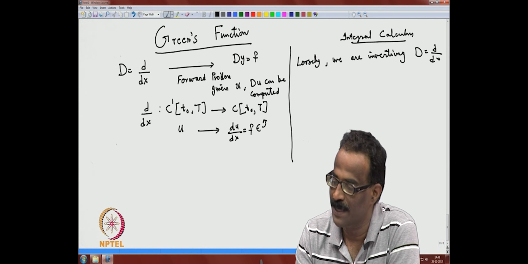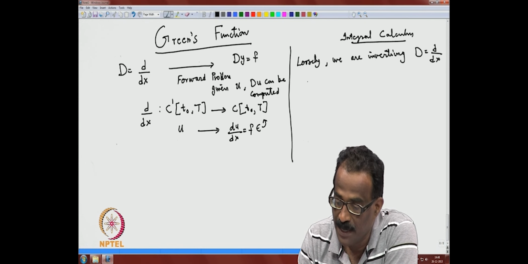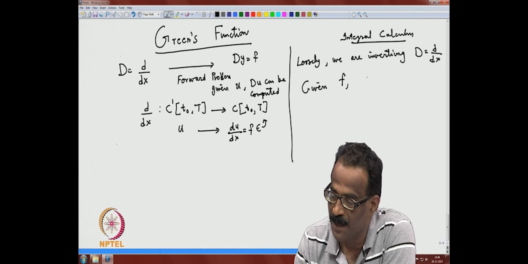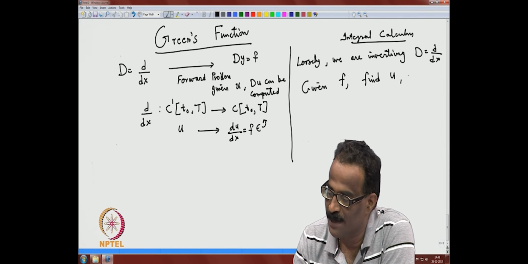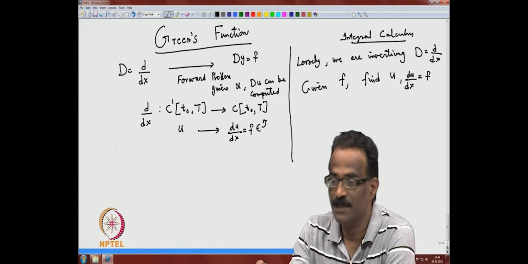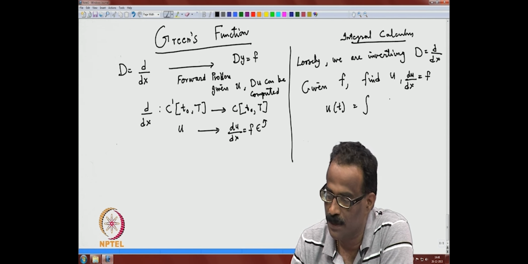That is what you are doing. These are different interpretations. We are trying to invert, meaning given f, find u so that du by dx is equal to f. And that is what we eventually calculated.